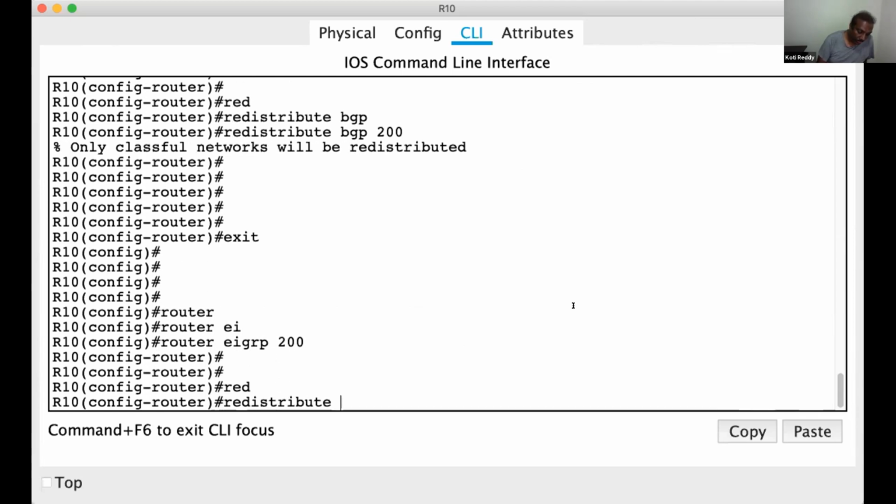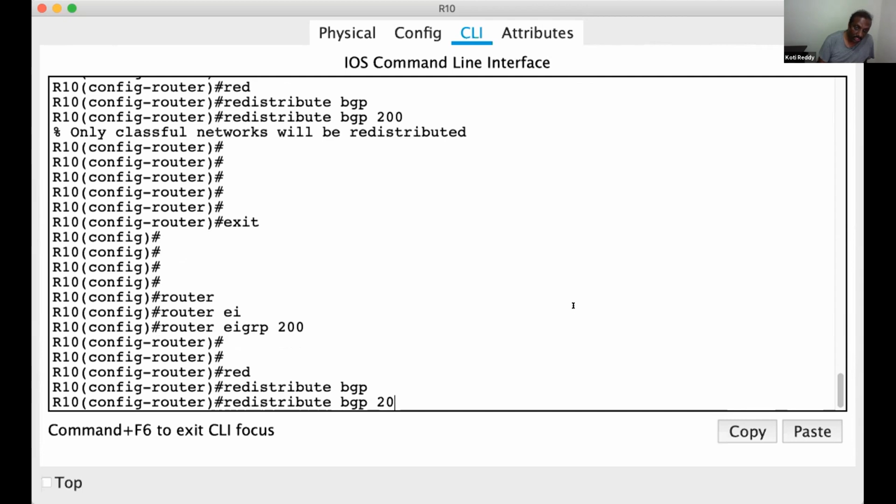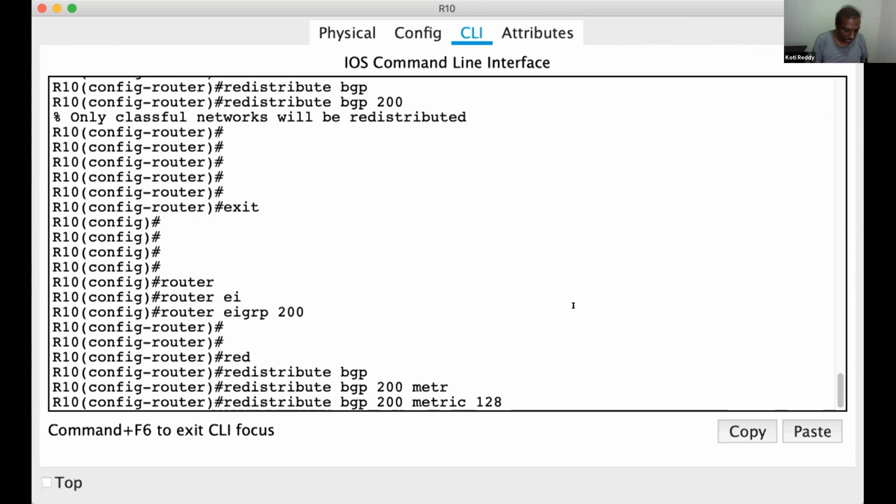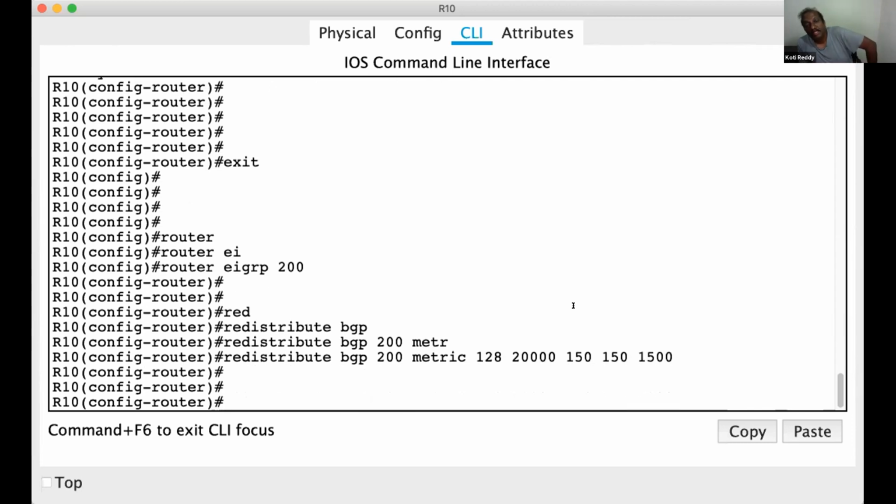You redistribute BGP 200 routes into EIGRP. Also mention the metric 128, 20,000, 150, 150, 1500. I'm asking EIGRP 200 to redistribute the BGP 200 routes into EIGRP with so and so metric, right?